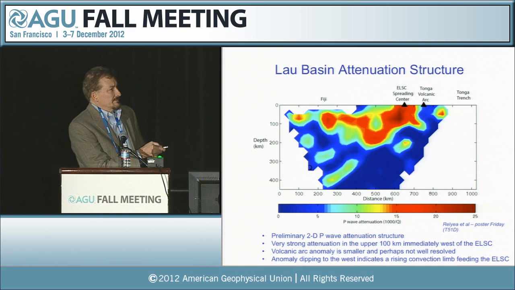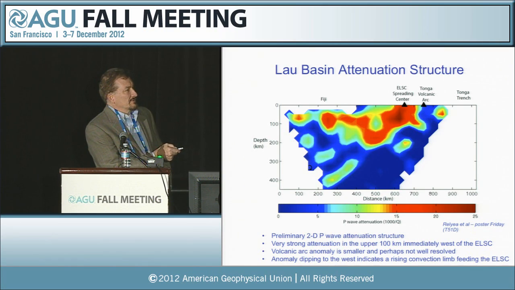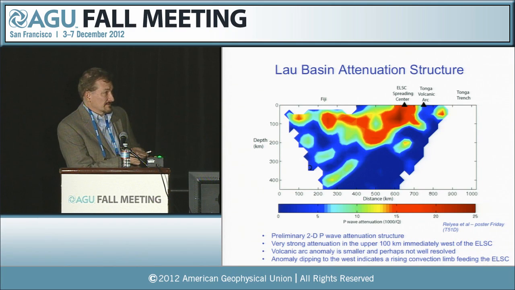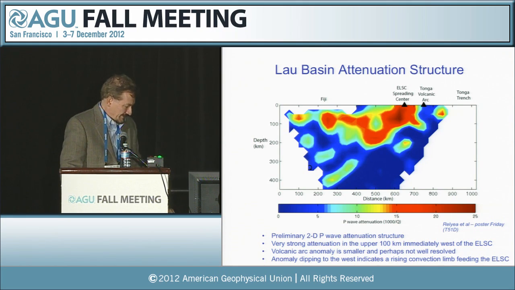And another issue here is that the anomaly associated with the Tonga Volcanic Arc, the Tofua Arc, is actually relatively minor. This is sort of preliminary work, and we're hoping that the resolution will increase a lot as we go to a 3D inversion there. But once again, it seems like the primary anomaly is associated with the Backarc spreading center.